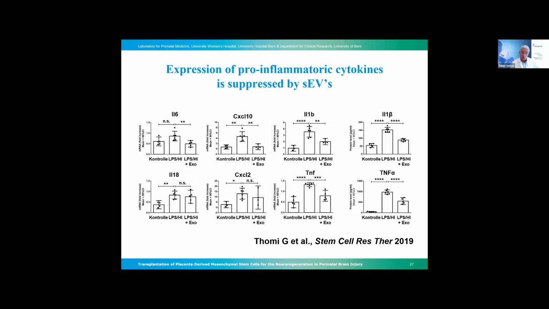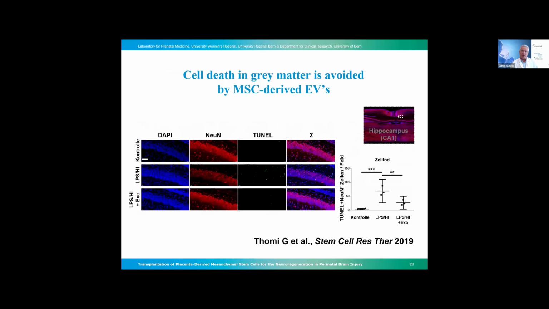So the next step was, of course, to see how about the function with the immune modulation, and we could show here the effect on immune modulation, specifically on expression of pro-inflammatory cytokines such as interleukin 1 beta, interleukin 6, TNF alpha, etc., where you can see as an example here, that's the control animals, not damaged, that's the damaged animals, and this is damaged animals after extracellular vesicle treatments, where we could abrogate almost all damage regarding expression of pro-inflammatory cytokines.